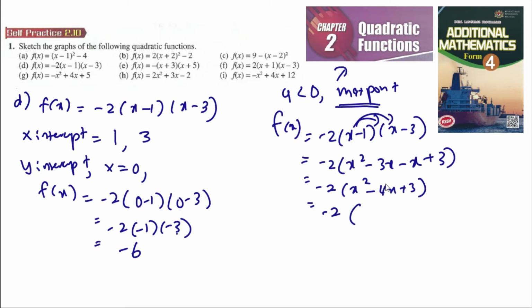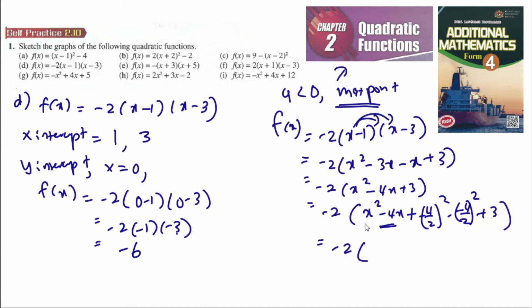To do completing the square, after x² - 4x, we add bracket square minus bracket square plus 3, where the value in the bracket should be the value in front of x, which is -4, divided by 2. So -4 over 2 is equal to -2.